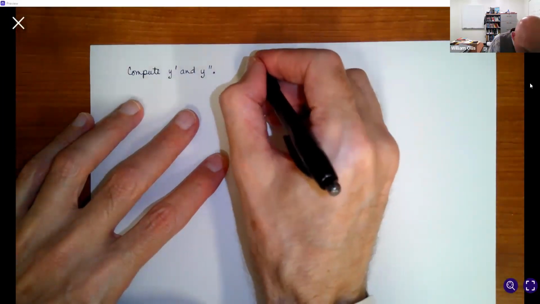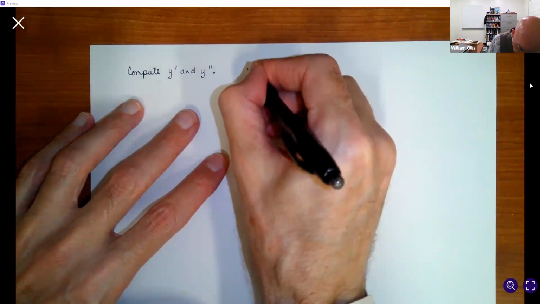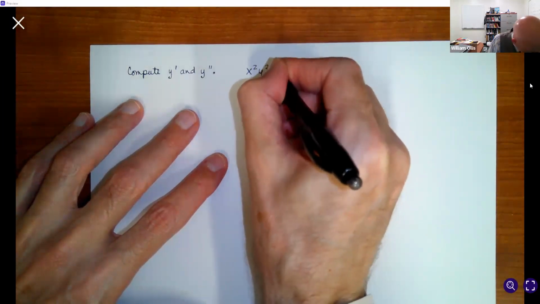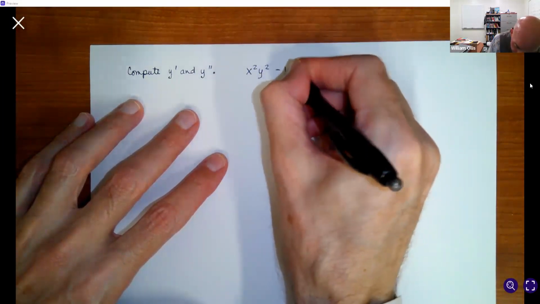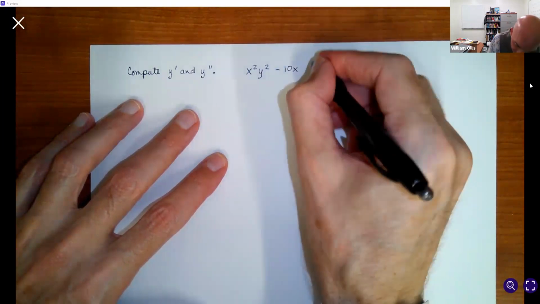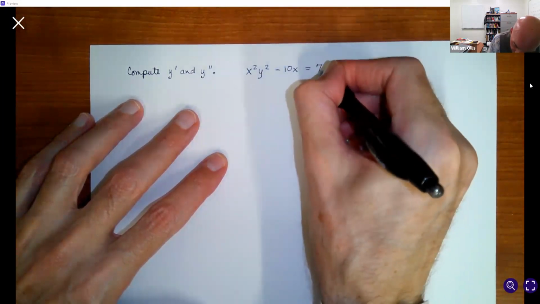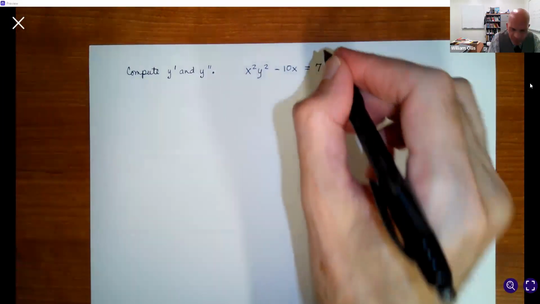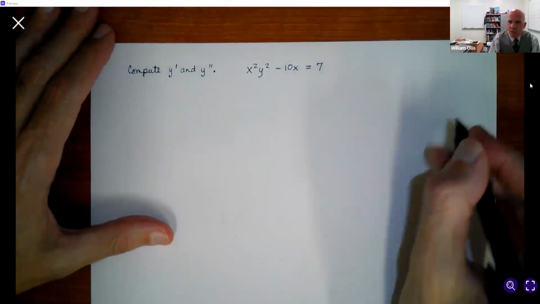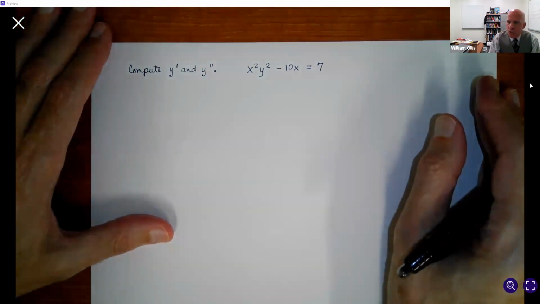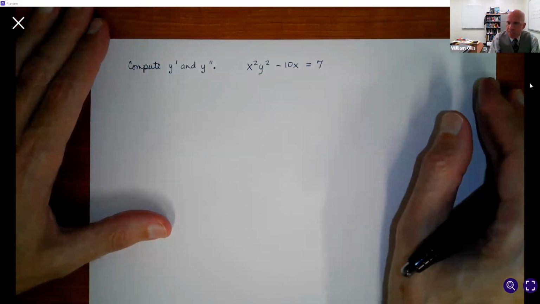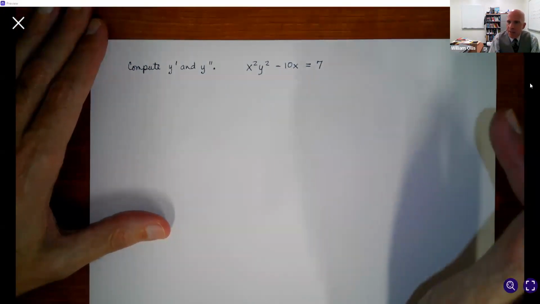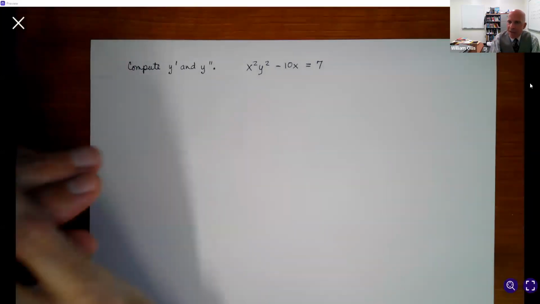Now here's an implicit equation, and we'll say we've got x squared y squared minus 10x equals 7. Now, with the last problem, we certainly didn't feel like we had to make any changes to it. There was no problem with doing the technique we did, and had we tried to make it simpler, I don't think that would have mattered much.